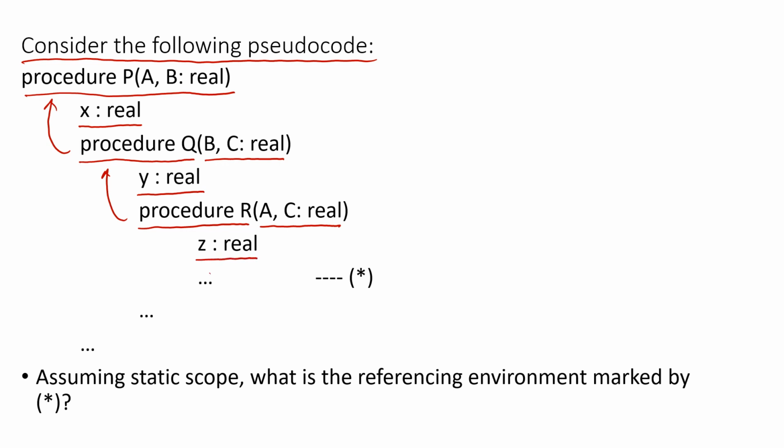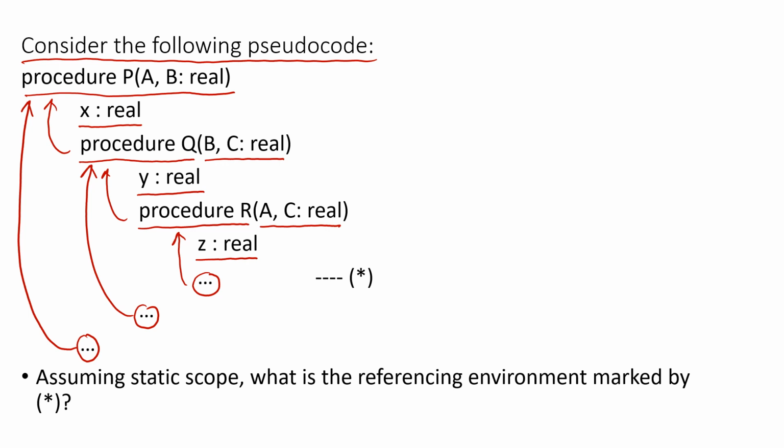This is code for procedure R, this is code for procedure Q, and this is code for procedure P. So we have three procedures P, Q and R.